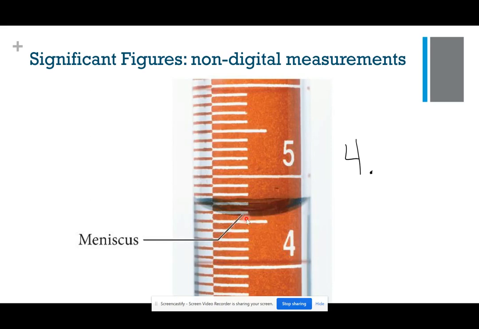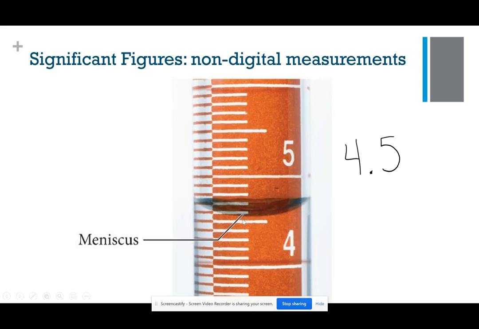So I know this water lies somewhere between the 4.5 and 4.6. So without a shadow of a doubt, I know that there's at least 4.5 milliliters.